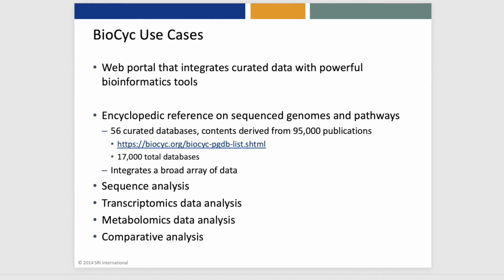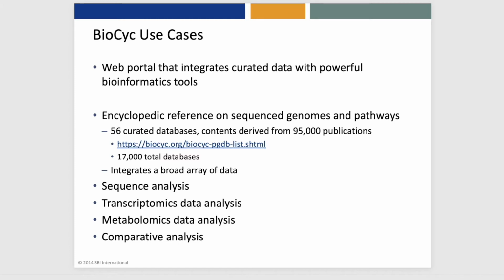BioCyc has several main use cases. Overall, it's a web portal that integrates curated data for many genomes with powerful bioinformatics tools. First use case is that BioCyc is an encyclopedic reference on sequenced genomes and pathways where you can look up information on genes, metabolic pathways, and more.